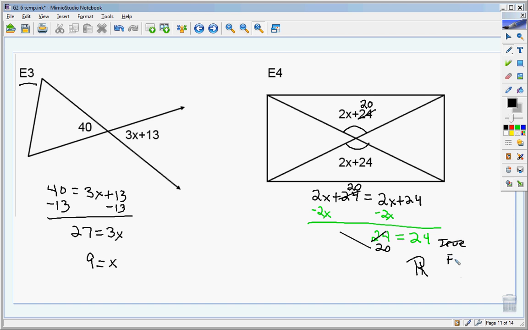That would be false, right? 20 doesn't equal 24, right? And then there would be no solution or an empty set. So when the x's go away, it's either going to make a true statement or a false statement. If it makes a true statement, you get this, all real numbers. If it makes a false statement, you get this, no solution. Everybody good with that?